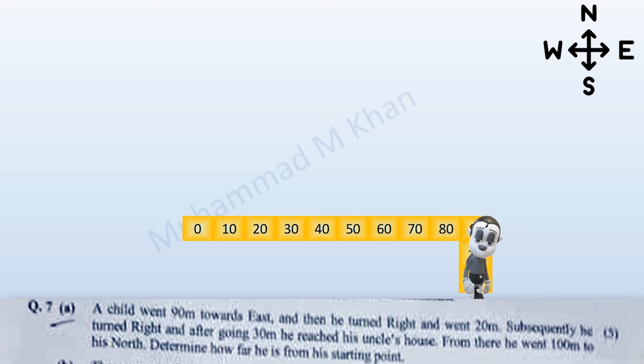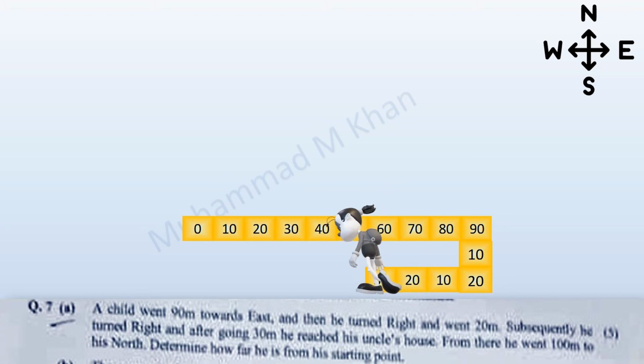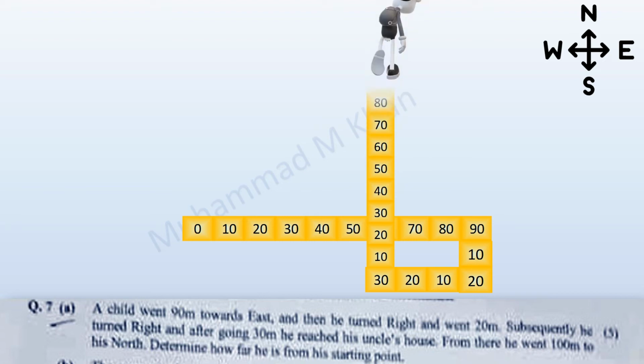Then he took another right turn, and now he's facing west, and from there he went about 30 meters, and then finally he turned north, again took a right turn and went for 100 meters from there.